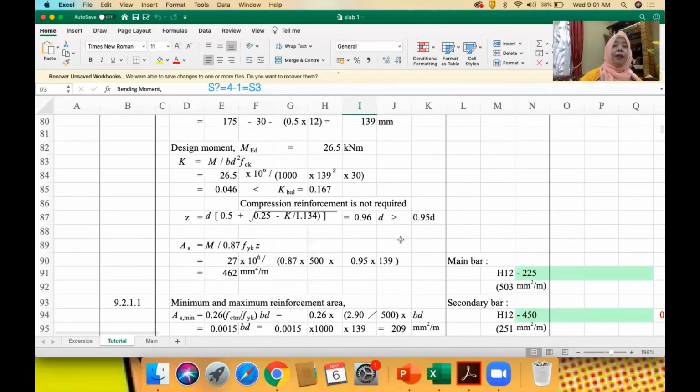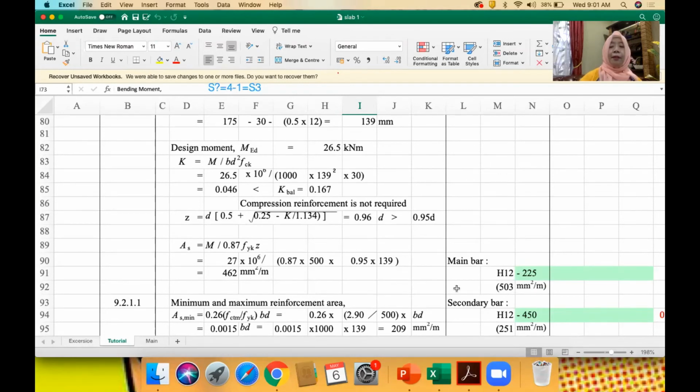Calculate the z. So if your z is greater than 0.95d, just take the value of 0.95d, then calculate As, replacing z with the value obtained by using 0.95d. So you got 462 millimeter square per meter. Look at the value here: millimeter square per meter because we designed 1 meter width.